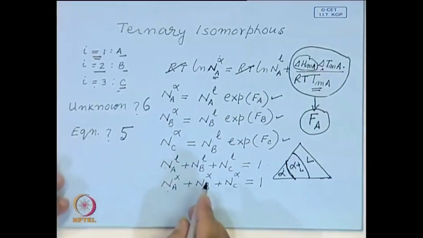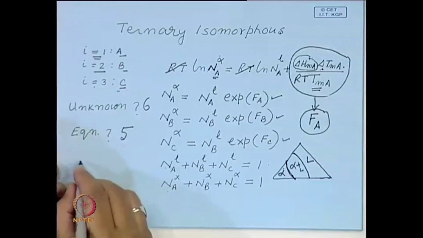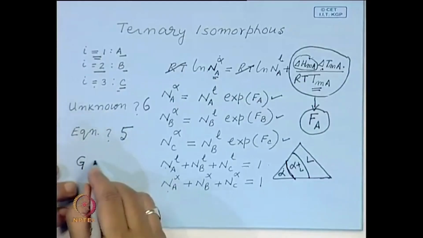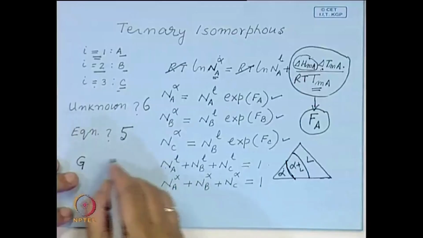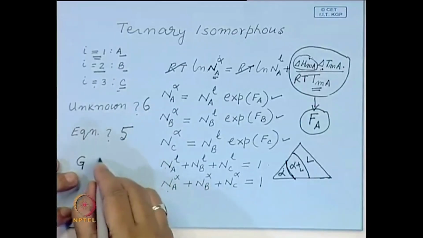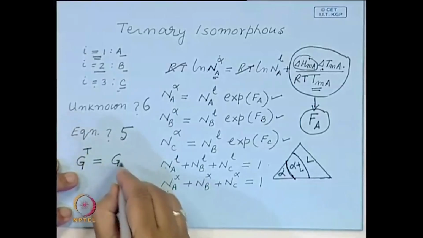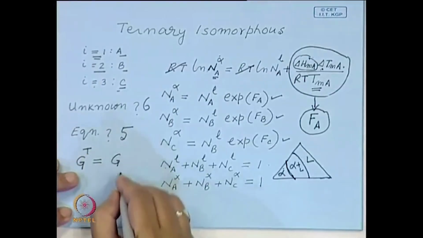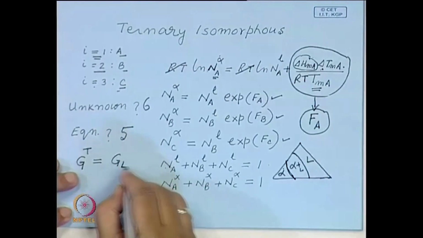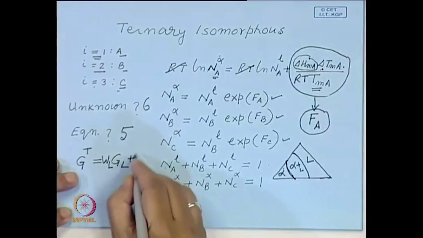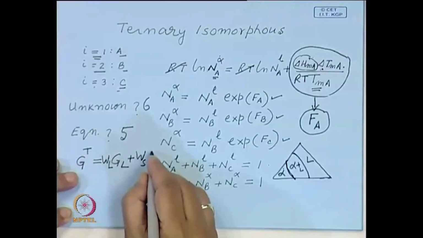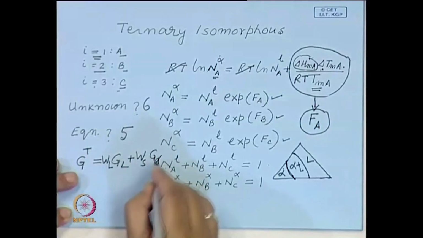The best way is to construct the free energy, which will be a mixture of the weight fraction of liquid times the free energy of liquid, plus the weight fraction of solid times the free energy of alpha.